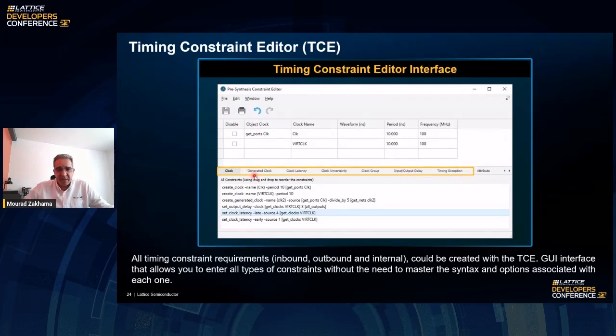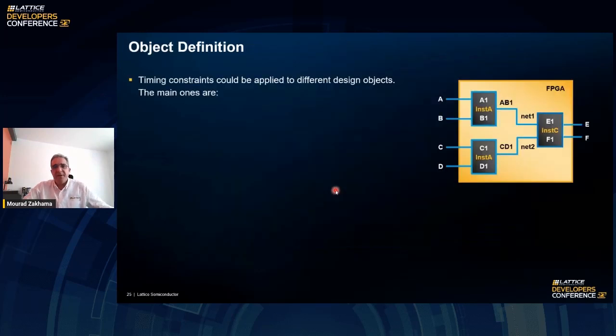These are exactly the same as we've seen in the previous slide. You just double click to open a window with the available clocks in your design, then specify the period or the frequency, and that will automatically write the timing constraint for you. So it's a very handy tool that is part of Radiant.